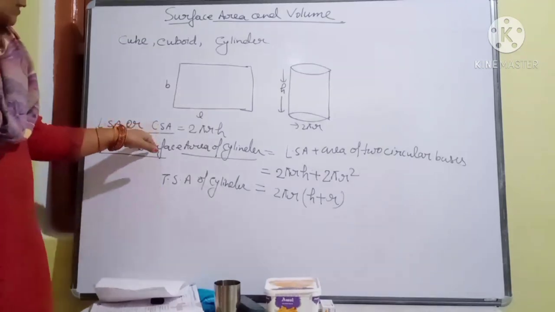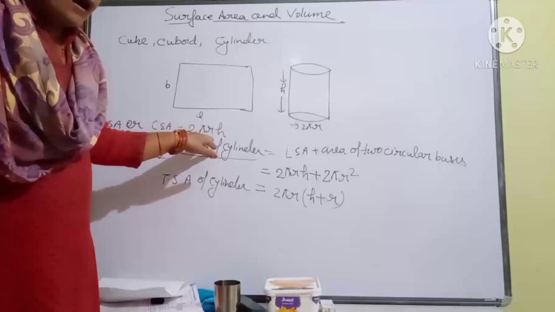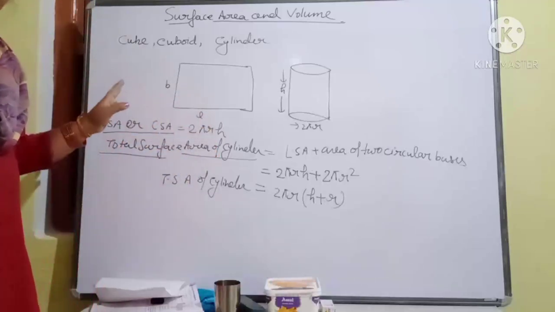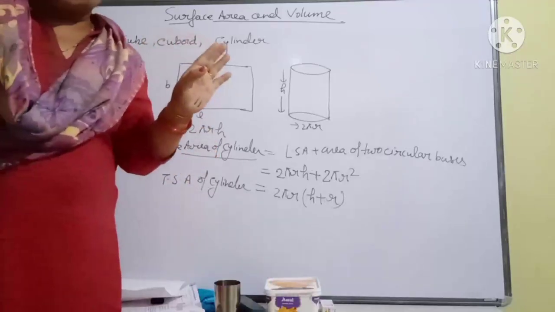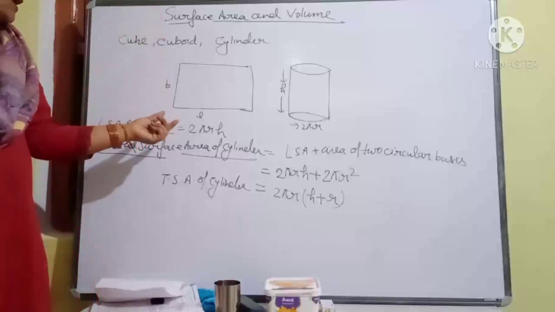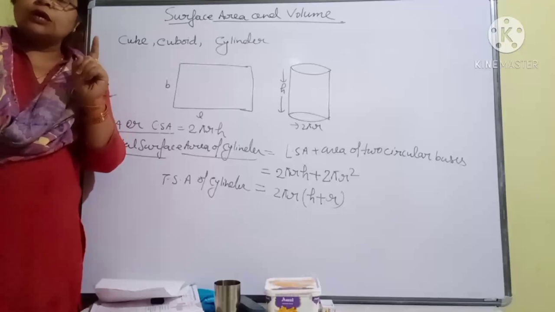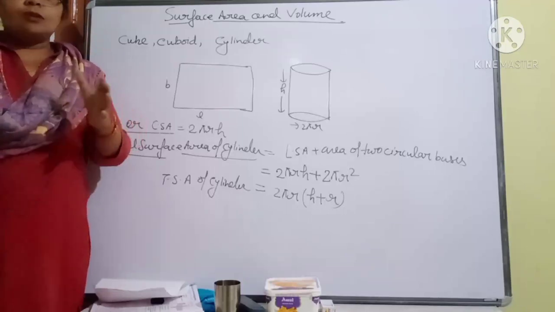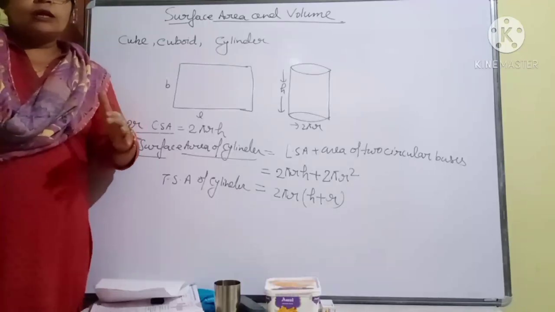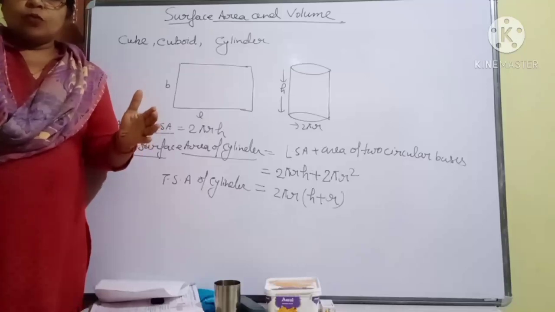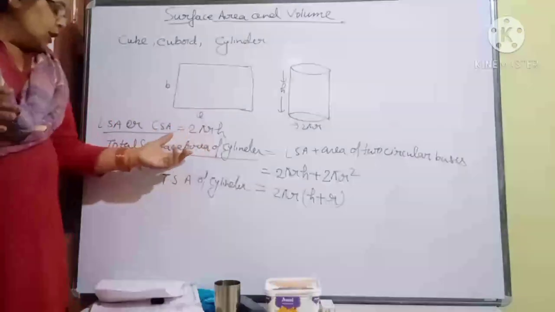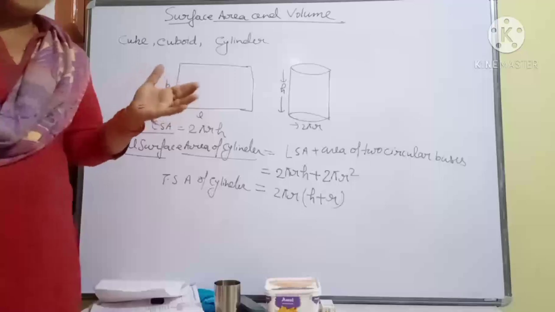Lateral surface area of cylinder will be 2 pi rh. What is the difference between the lateral surface area and total surface area? Again I am repeating. Lateral surface area means top and bottom are not included, so both are open. And in total surface area it will be a closed cylinder.